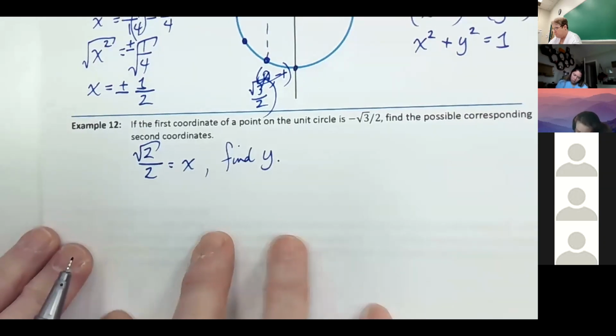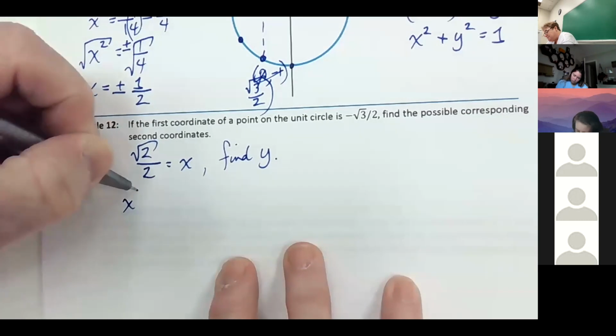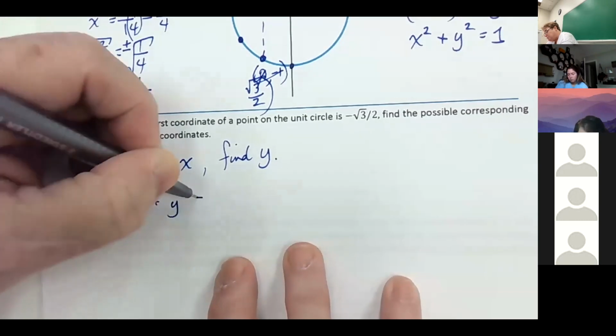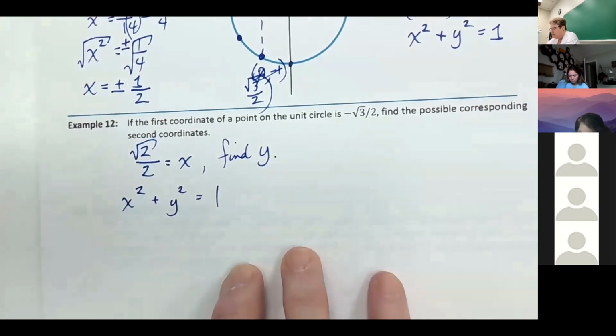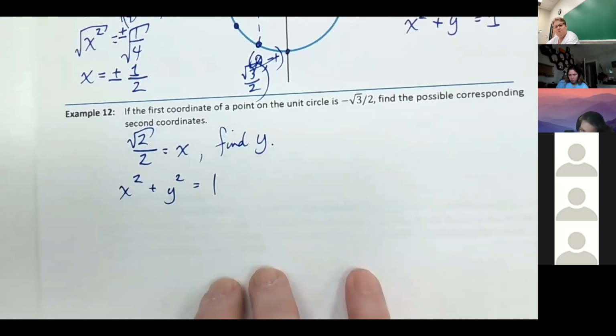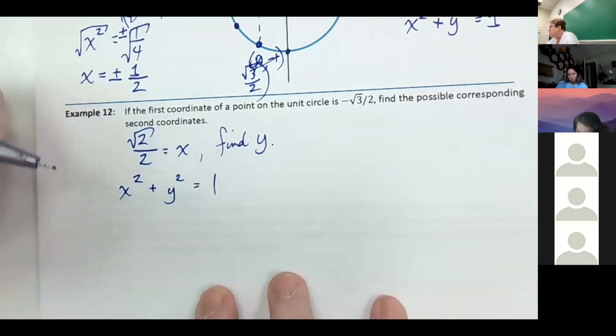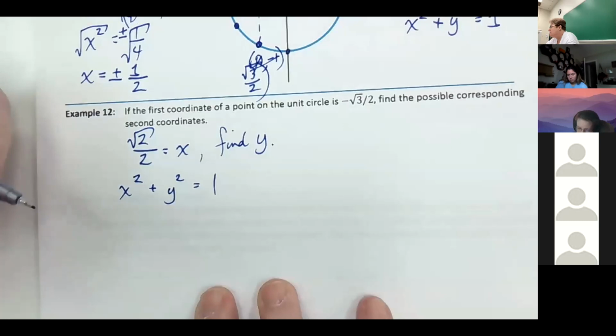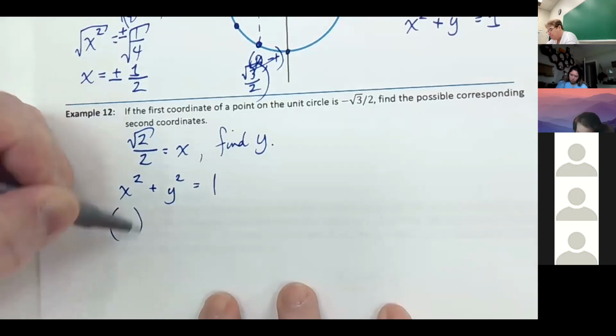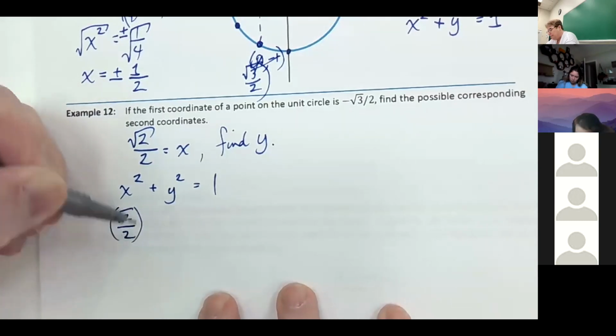Formula x squared plus y squared equals 1. Excellent. And now x would be square root of 2 over 2 squared plus y squared.